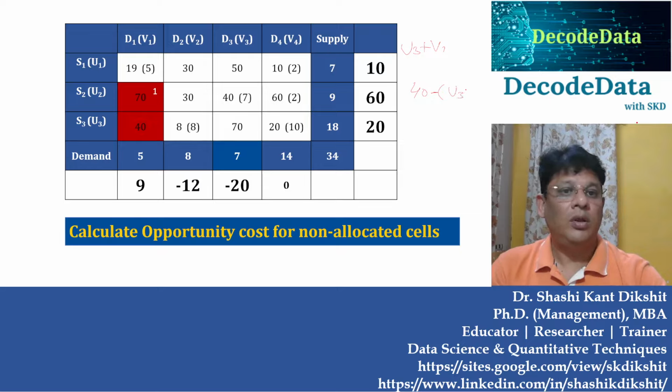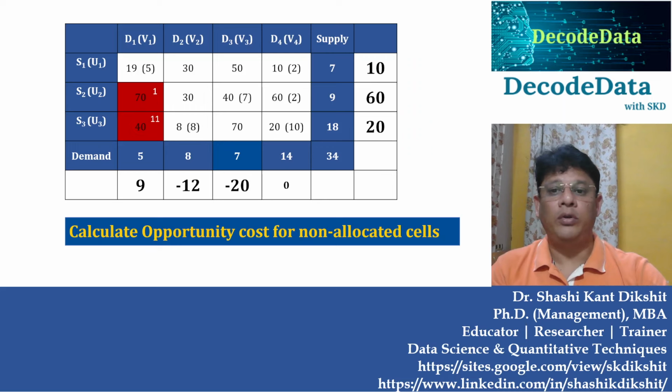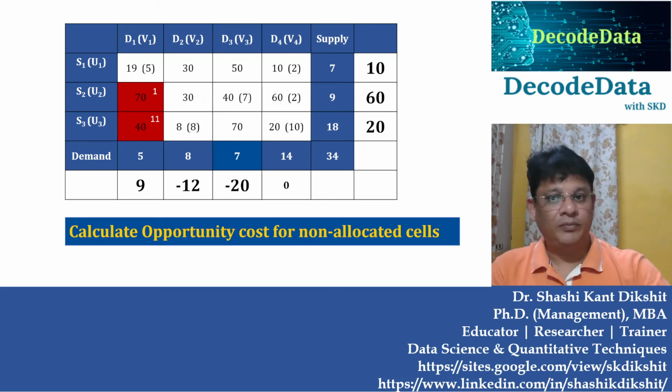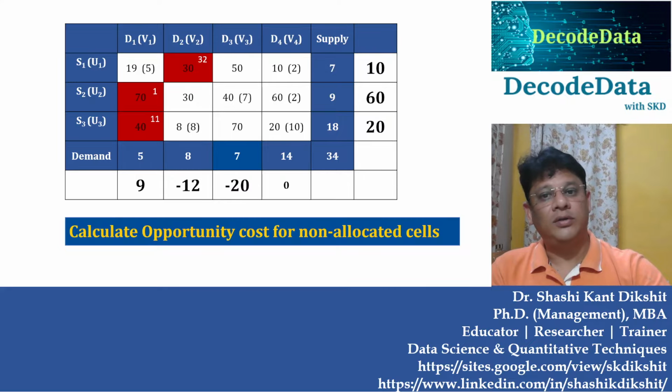So 40 minus 20 plus 9, so 40 minus 29, that is 11. So the opportunity cost for this is 11. Clear? So this way we will calculate the opportunity cost for all the cells.